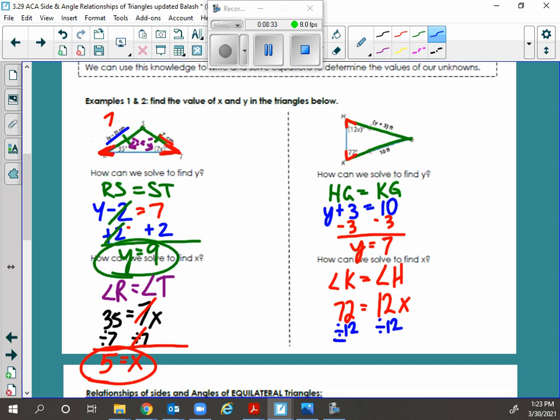If I divide both sides by 12, it gets rid of these two on the left, and I'm left with x on the right side. Then 72 divided by 12 is 6.